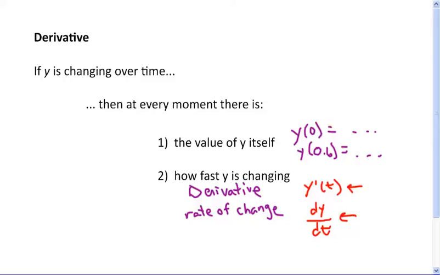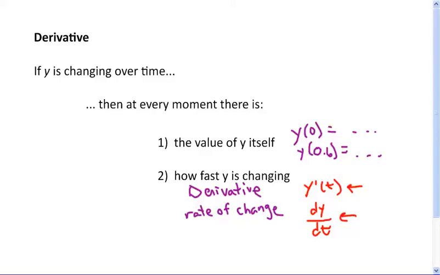And so if that number at any given time is positive, it means that y is growing at that moment. If the derivative is negative, it means that y is going down, it's decreasing at that moment. The bigger the derivative is, means it's changing faster. And the other thing to realize is that it's also changing all the time.